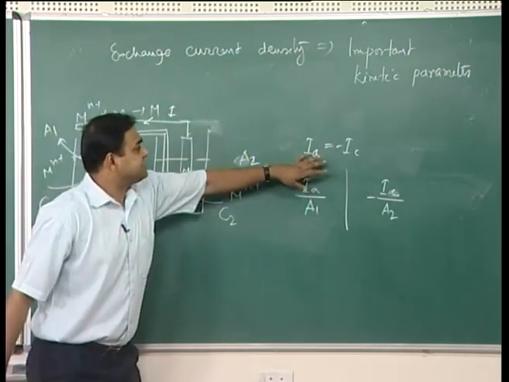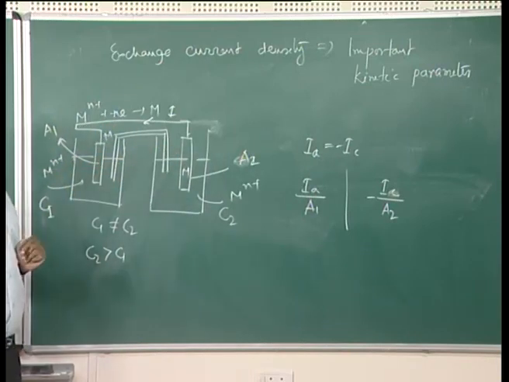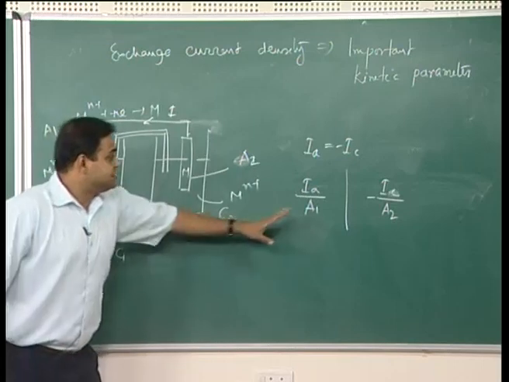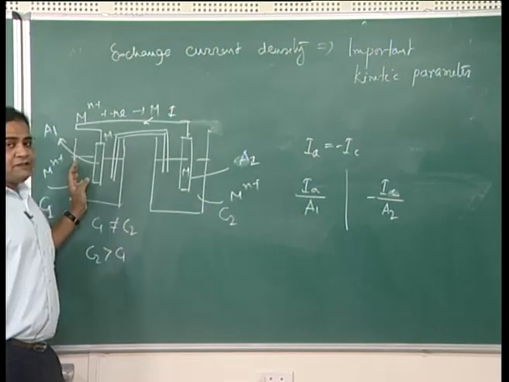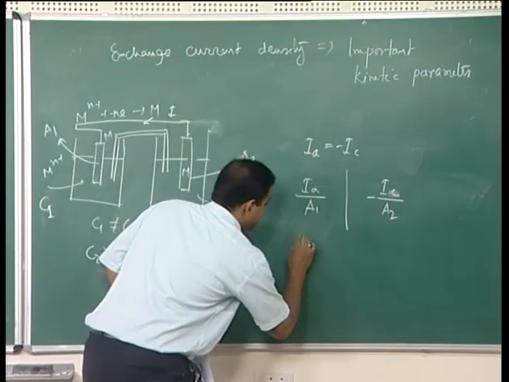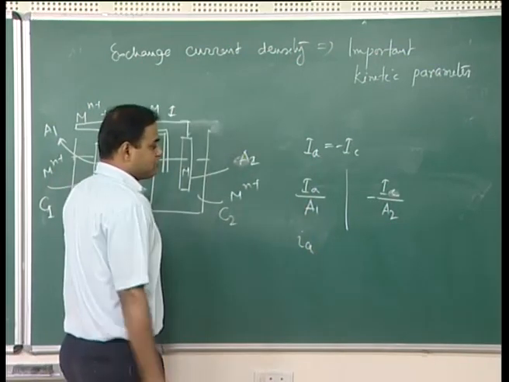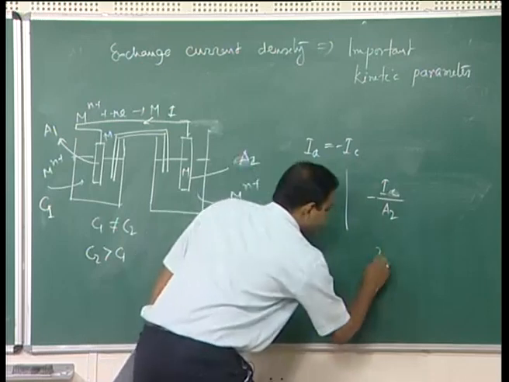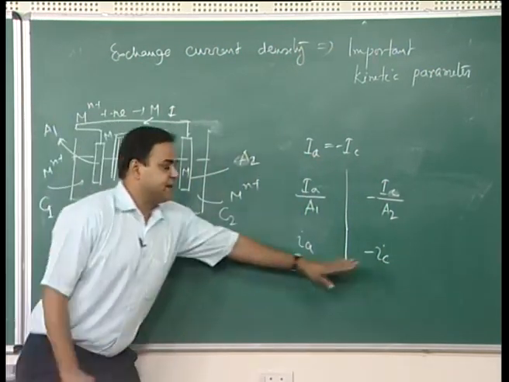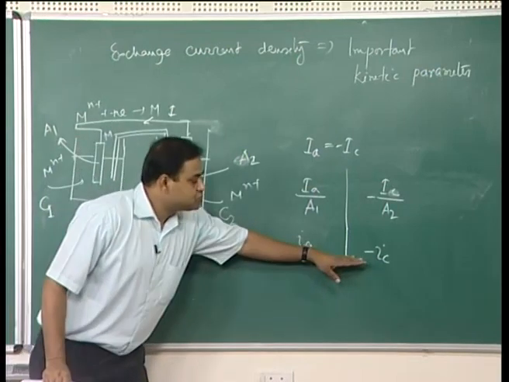Now, I know that the same current is flowing through those two electrodes, but if you would like to find the current density, this is my current density on the anodic surface, this is my current density on the cathodic surface. I can write it as small ia, which is the current density, and this is small ic with a negative sign. Now, do you think that these two are equal?